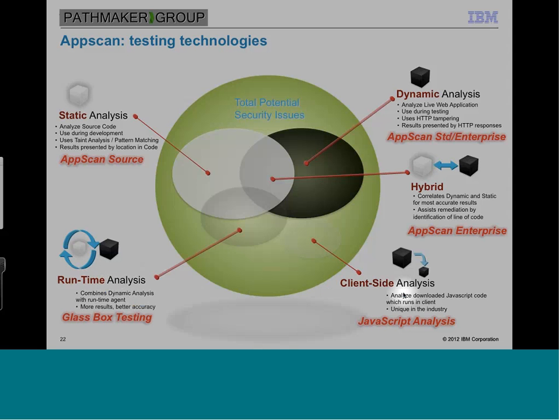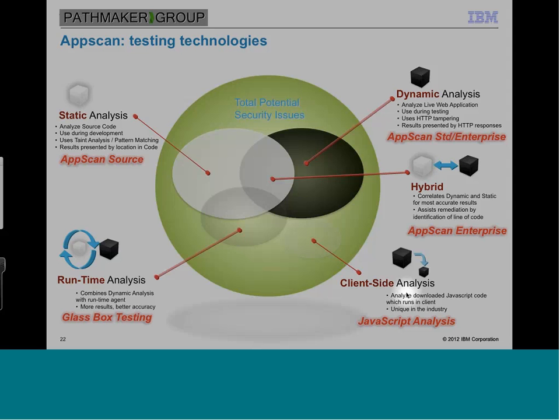We also have a unique capability around client-side analysis, and this is also part of our dynamic solution. While we're running a dynamic scan, and in fact while we're doing simply the crawl phase of a dynamic scan, the web application is very often sending back dynamic JavaScript.